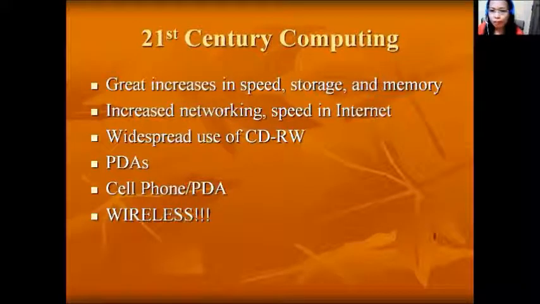So 21st century computing. Great increases in speed, storage, and memory. Increased networking, speed in internet, widespread use of CDRW. Okay, so we also have the PDAs. We have the cell phone or the mobile phone and then the PDA. And of course, 21st century is about wireless technology.